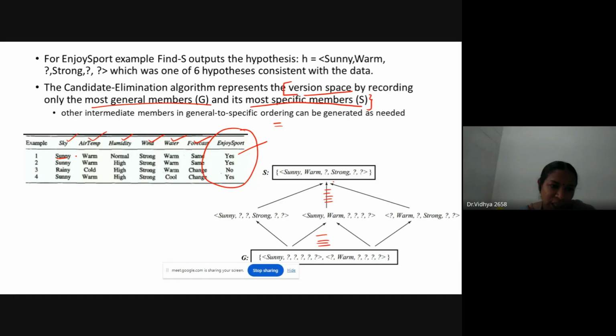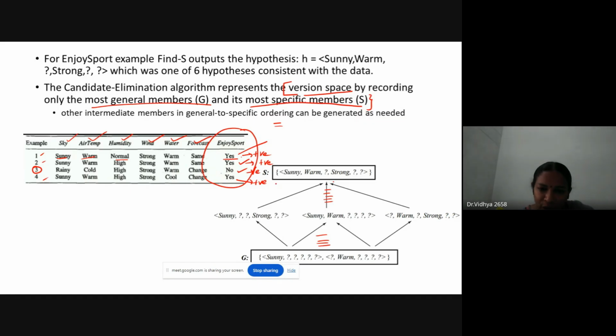Based on these instance values, the decision will be either yes or no. All yes instances are considered positive instances, and all no instances are considered negative instances. In this example, only the third is a negative instance; the first, second, and fourth are positive instances.